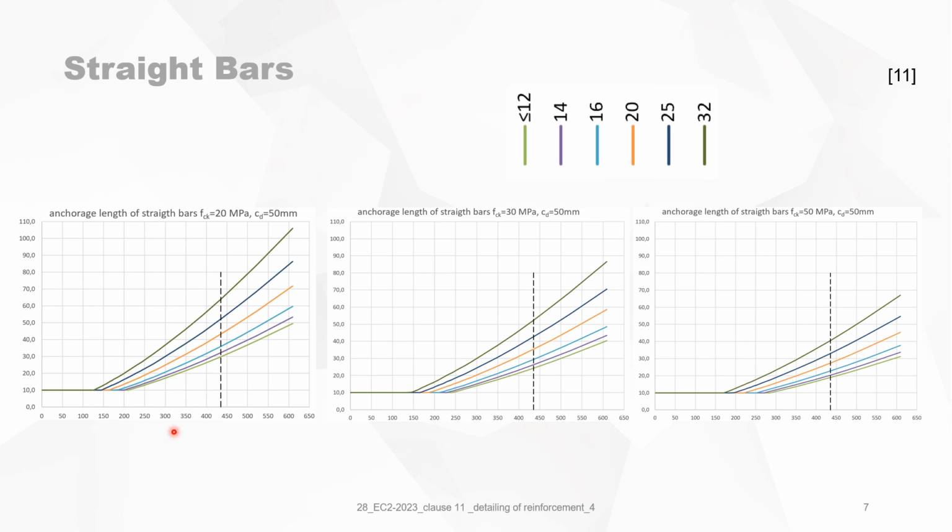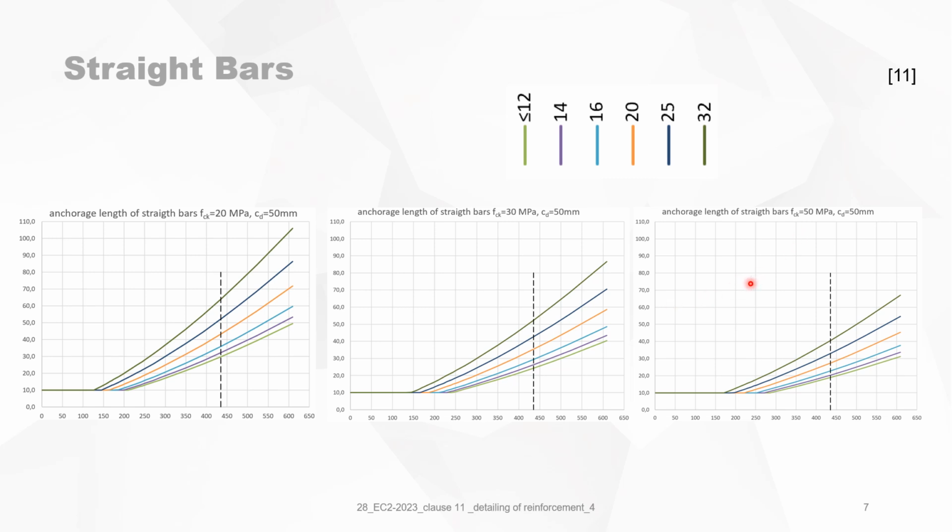First graph now has on the x-axis the steel stress, and the y-axis is the anchorage length, or rather the ratio of anchorage length divided by the bar diameter. And this graph is for concrete quality of 20 megapascal, the middle one for 30 megapascal, like we've seen just now, and the right-hand one is for 50 megapascal.